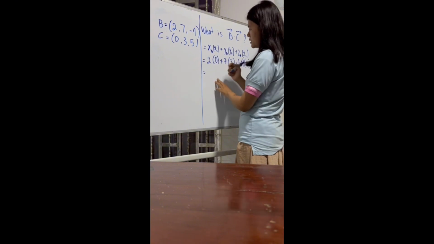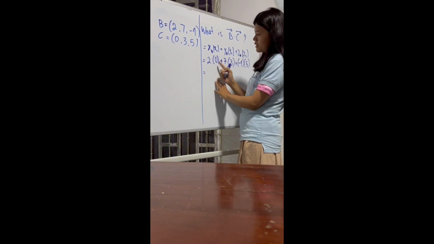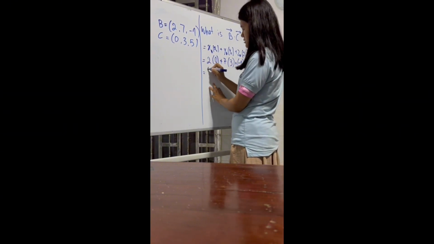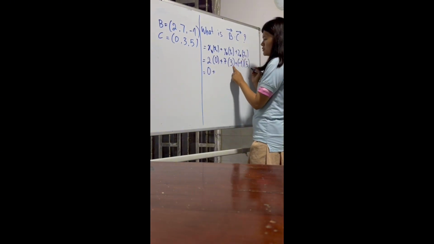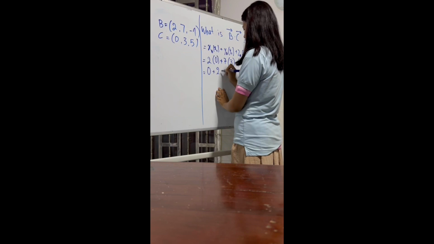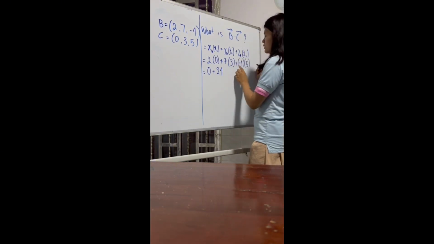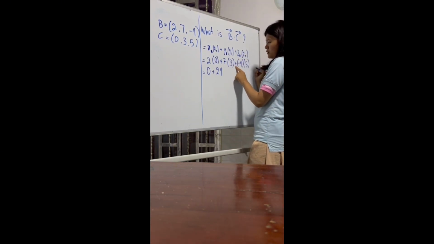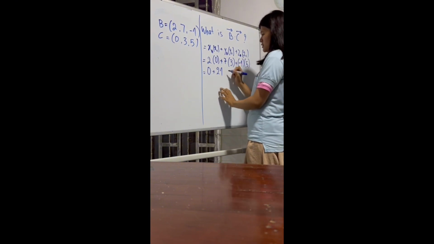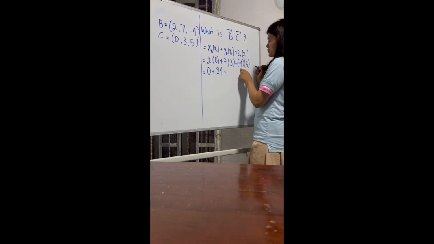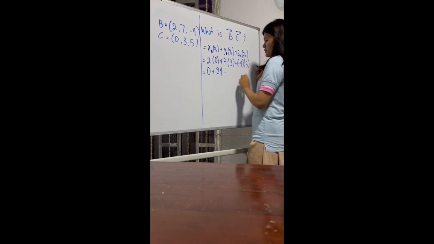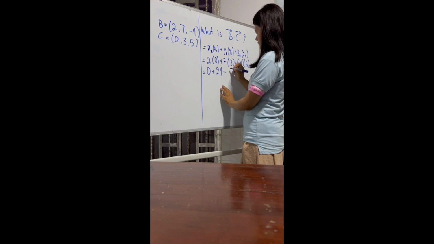So calculate it. 2 times 0 is 0, plus 7 times 3 is 21. And positive times negative is negative, so negative 1 times 5 is negative 5.